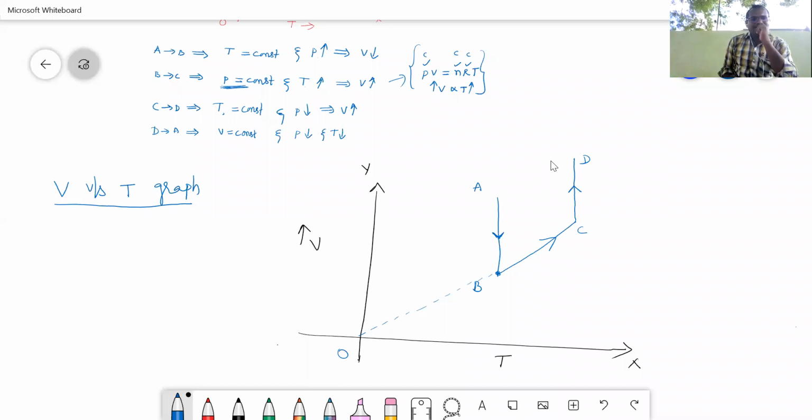Now D to A process. Volume constant. Volume constant means what? Horizontal line to the volume axis. Draw one horizontal line for this, like this. Extend this somewhat. Means your A is here. Finish. This will be the process.